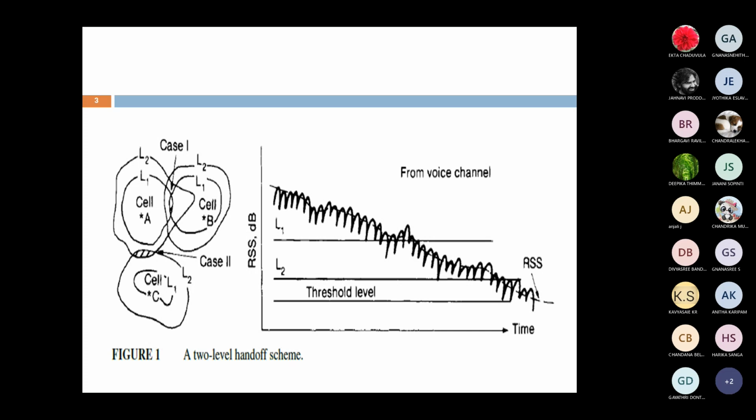That's why we allocate the new channel only at the L2 level. The same thing applies in cell B and cell C. That is case 1. Case 2 is weak spots. See this figure between cell A and cell C. One crossbar shows a weak spot. In this weak spot, there is no signal present. At that time also, the handoff should be raised.